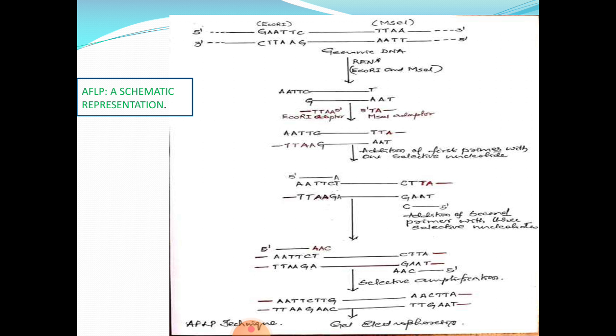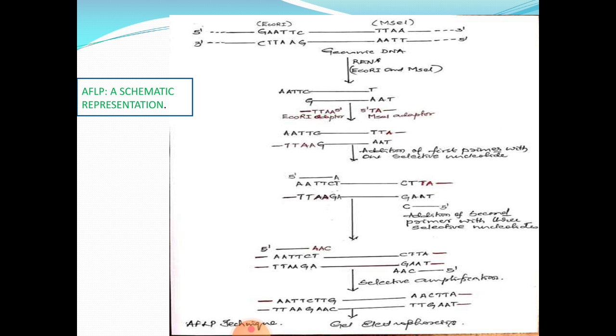Now, this is the genomic DNA, and here is one site for EcoRI and one site for MseI. Both of them are restriction endonucleases. Now treat this DNA with both the restriction endonucleases simultaneously. Then what happens?